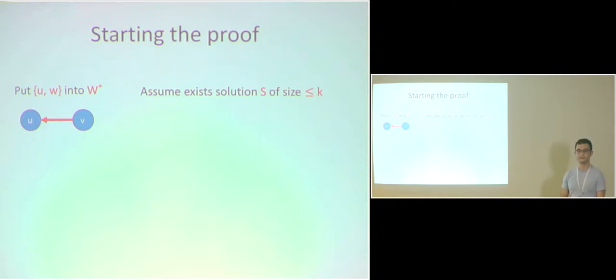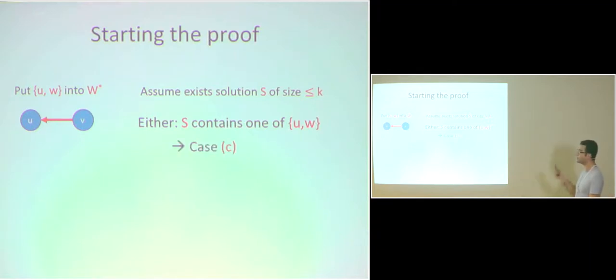W star is this guy that has to satisfy A, B, or C. Either I was lucky and I hit one vertex in my solution, then we are in case C, because removing both U and V is going to decrease k by at least 1. Yes!